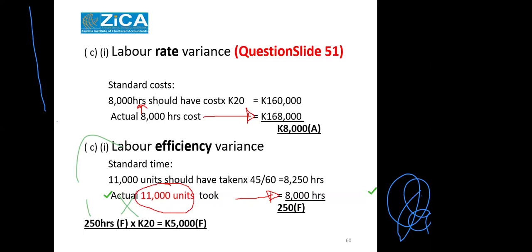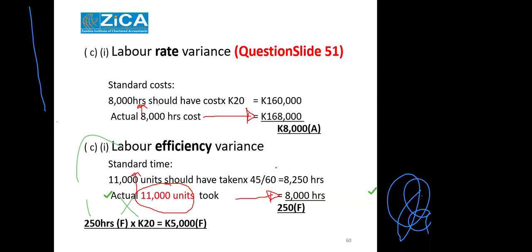Then you say 11,000 units took 8,000 hours. If they had stuck to the standard, how many hours should the 11,000 units have taken? So you multiply the 11,000 units by 45 over 60. You convert the minutes to hours, since you have 8,000 hours, like with like. You can't put minutes here and compare with 8,000 hours.